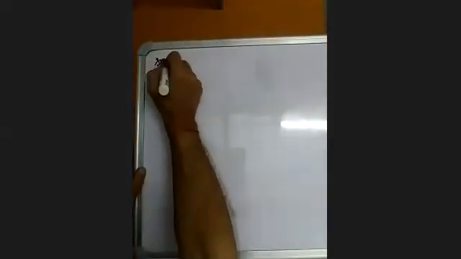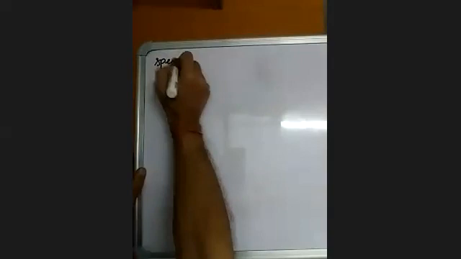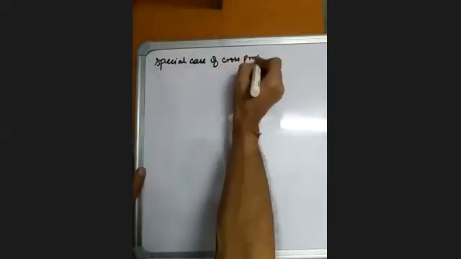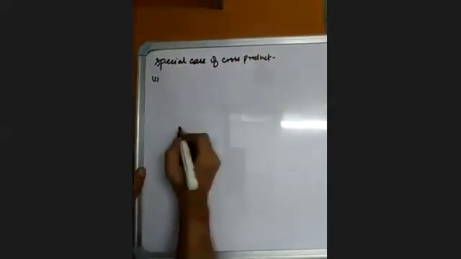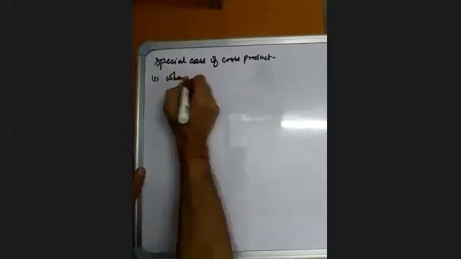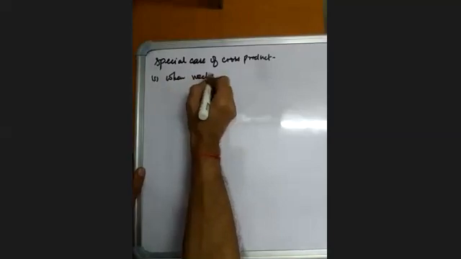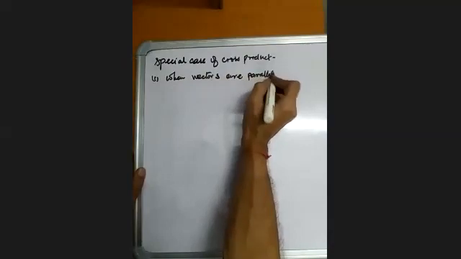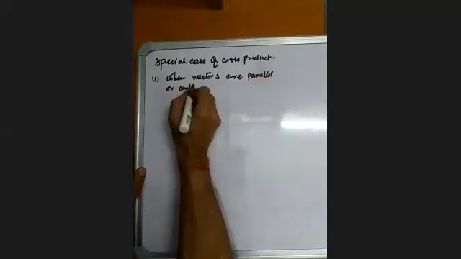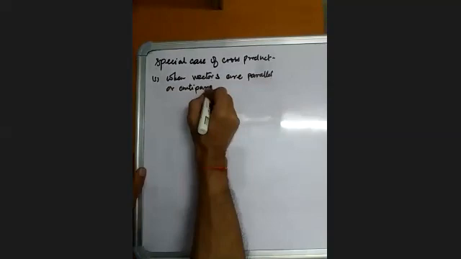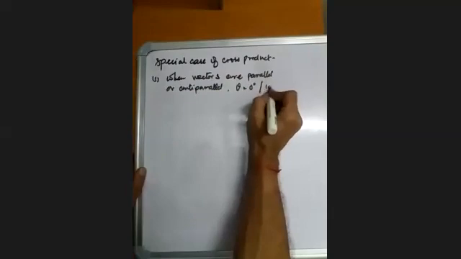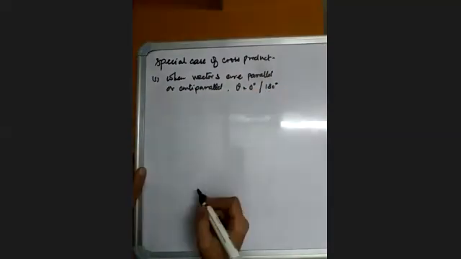Special cases of cross product. One is when vectors are parallel or anti-parallel. That is, theta is either 0 degrees or 180 degrees.